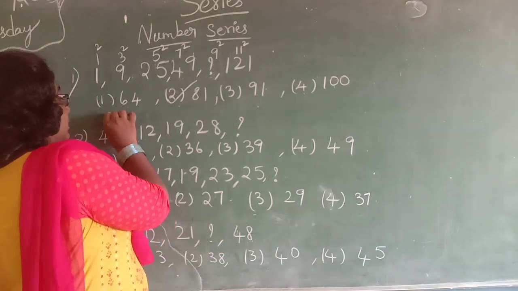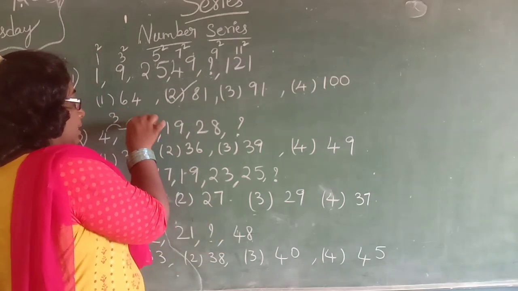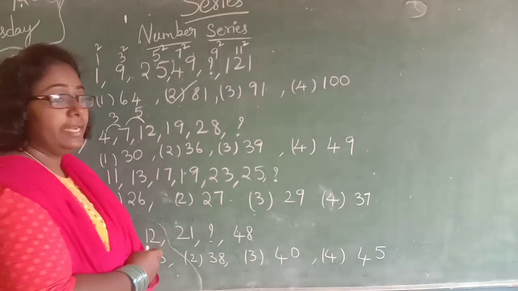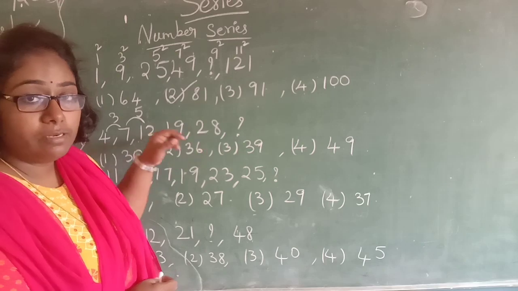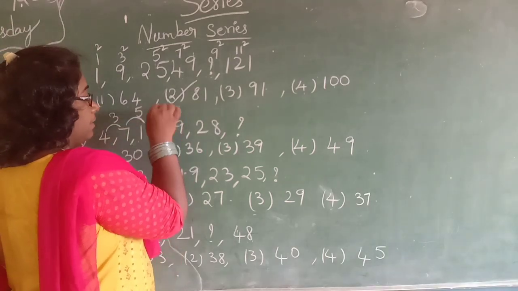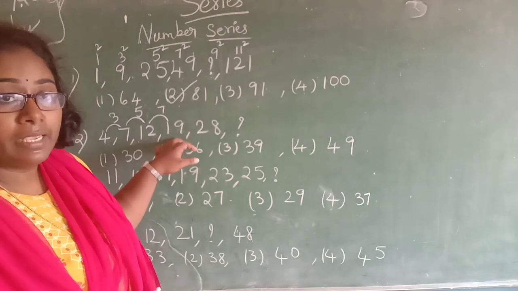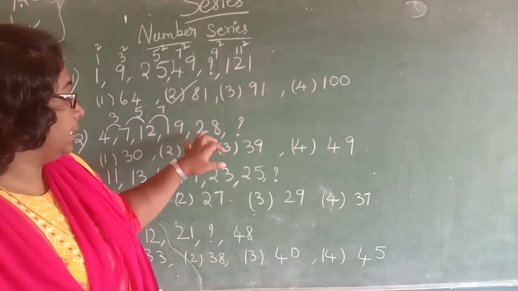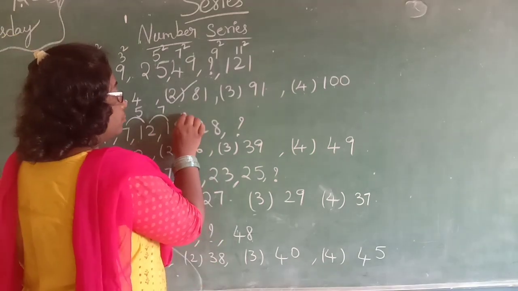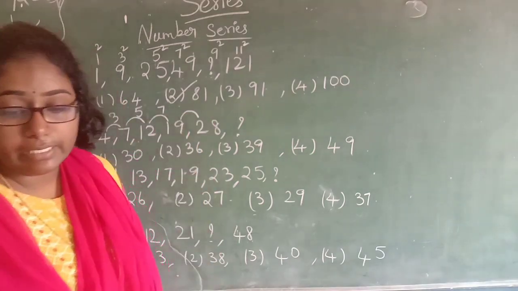The difference is 3. After 7 the difference will be 5. Next 12. 19 minus 12 is how much? 7. So next, 28 minus 19. We just need to know the differences here.